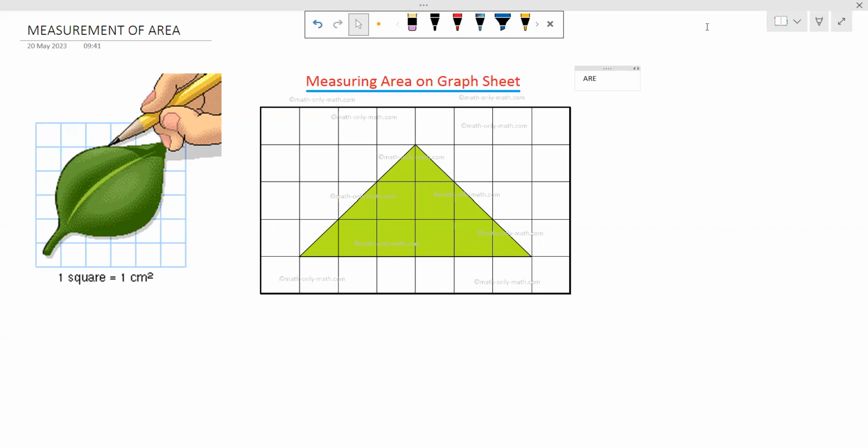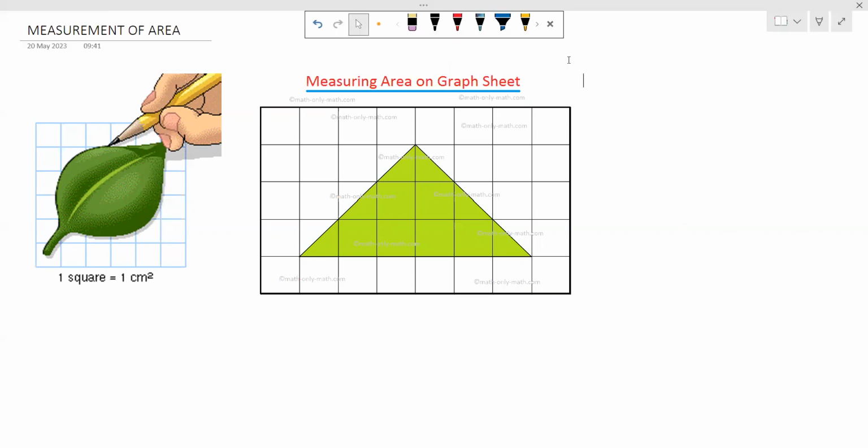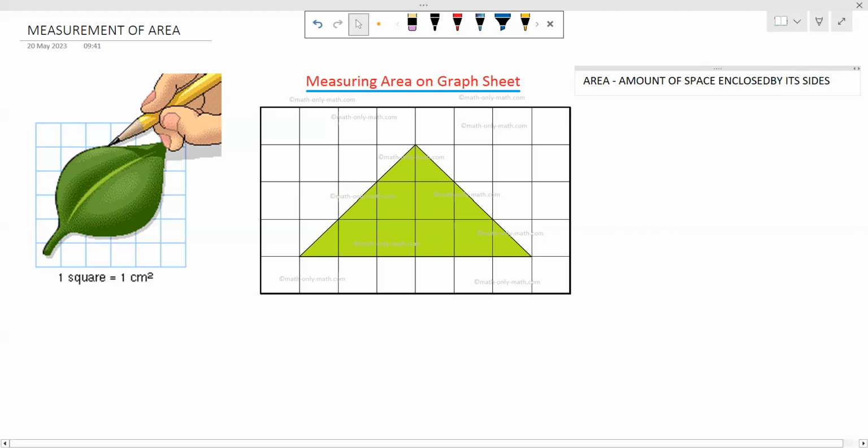Area is the amount of space enclosed by its sides. Area can also be called surface area.